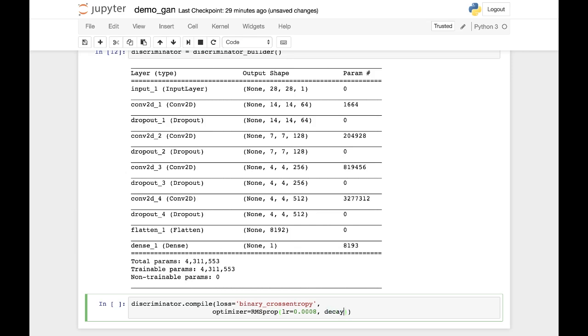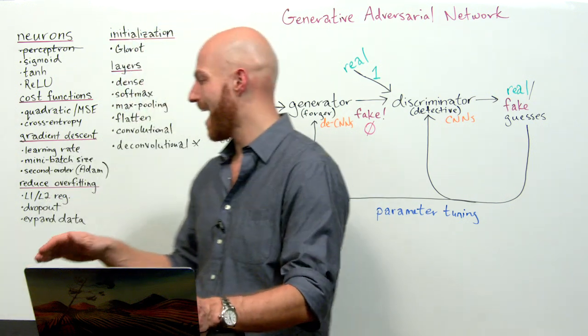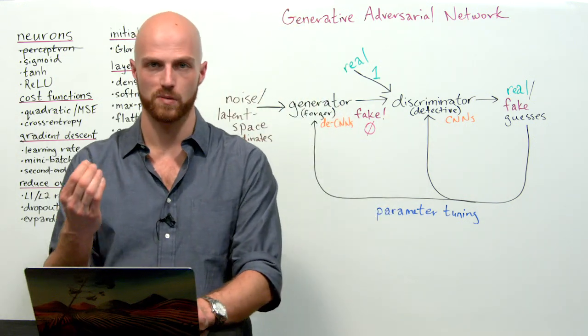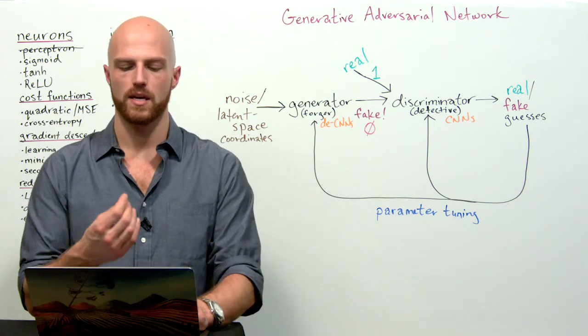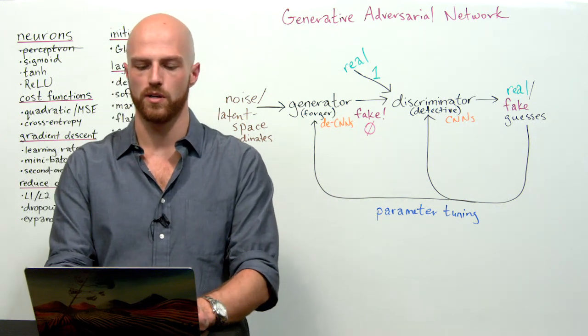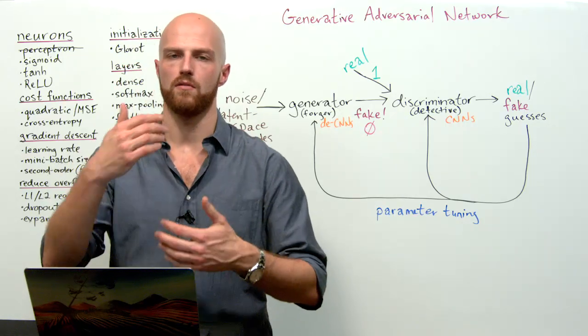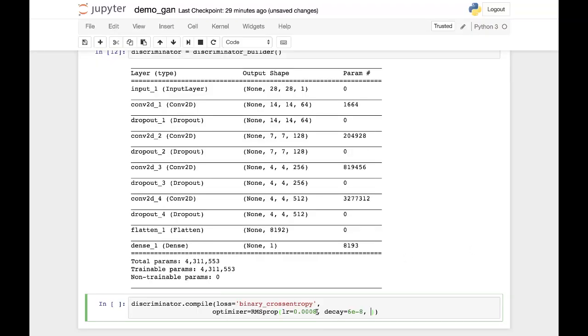And then we have a decay parameter so that our learning rate slows down. Typically when we've used Adam in my previous live lessons, we didn't specify the decay explicitly. Here with RMSprop, we are going to, so this means that with each step of learning, our learning rate will slow down from this starting point.